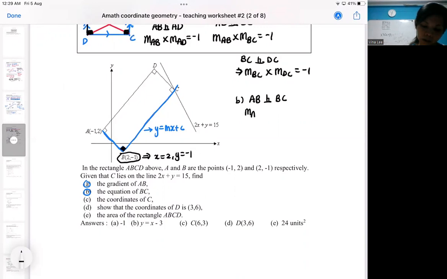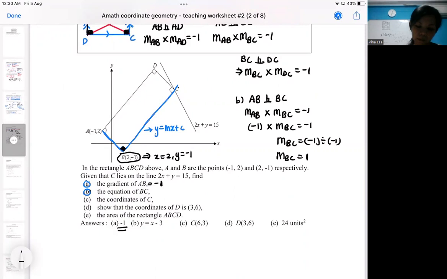So the gradients should multiply to be equal to -1. And you should already have gotten the gradient of AB. So do that, you will get -1 divided by -1. So the gradient is 1, and you've got a point to help you find the equation.